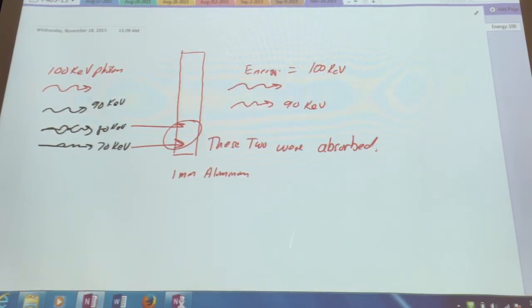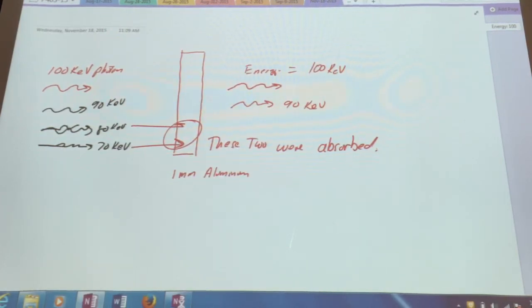How do you calculate an average? You add up the 4 things, divide by 4. On the other side, you add up 2 things, divide by 2. So calculate the average energy in and the average energy out, and see what you see.